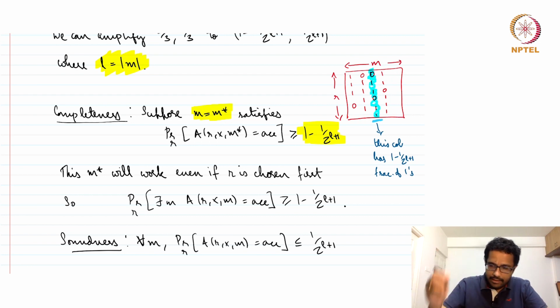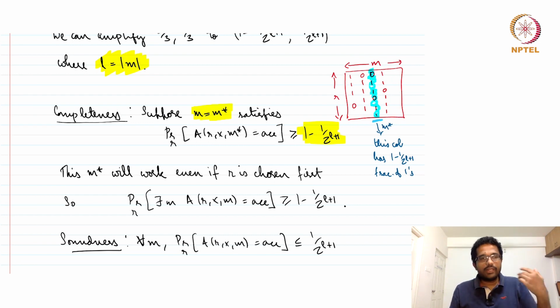Before that, let us call this column, which had at least this many ones, M star, which is what I have written here. So the point is that now if we choose the randomness first, Merlin has to pick some message that will lead to acceptance. So Merlin already knows the randomness, right? So the question is, once he chooses the randomness, will Merlin be able to pick out M?